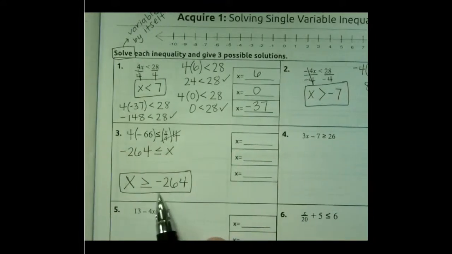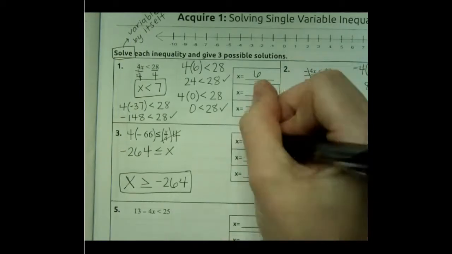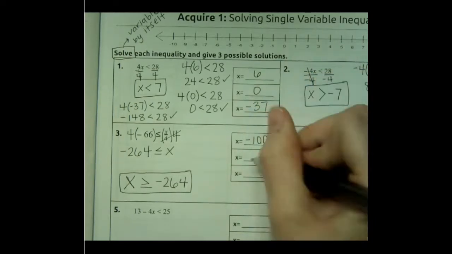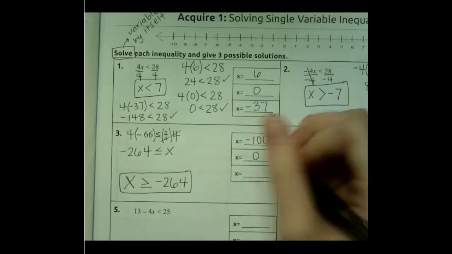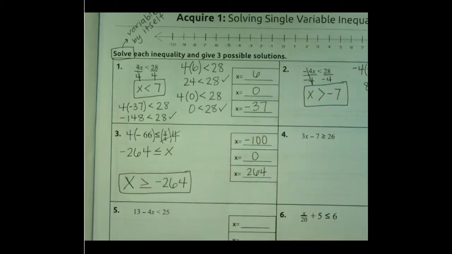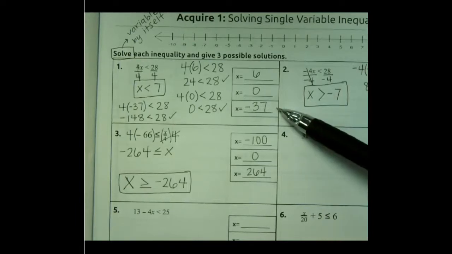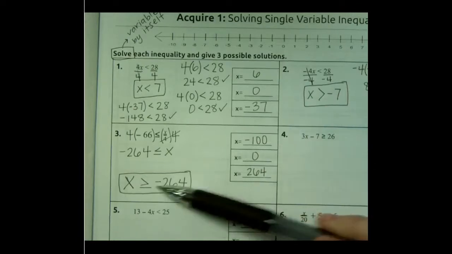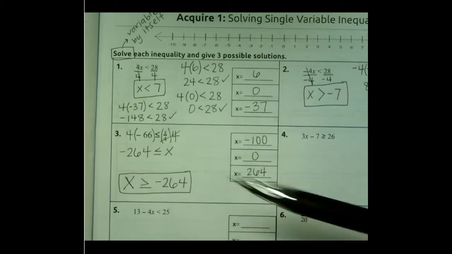And all we have to do is pick things that are greater than negative 264. So negative 100 is greater, 0 is greater, and positive 264 are greater. When you work on the apply or the practice part, you are not guaranteed to have the exact same numbers as someone else. If your numbers are greater than negative 264, they work.